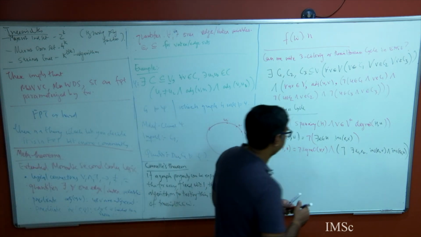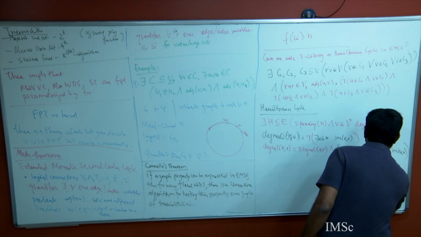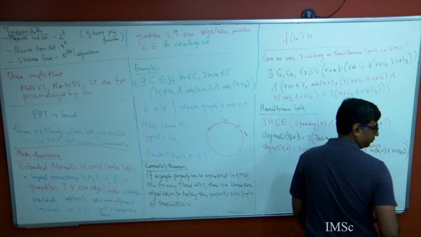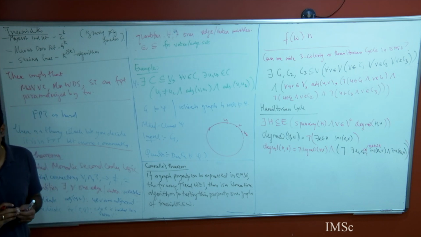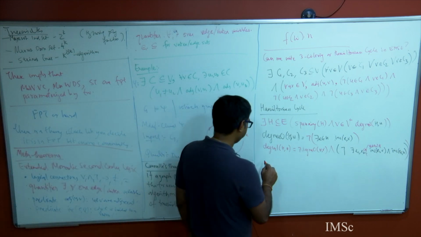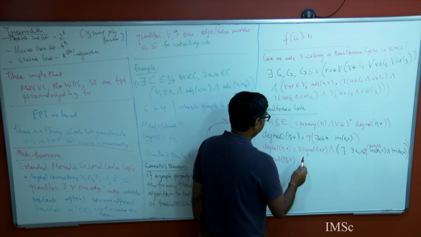Okay, but we have to be a bit more careful. So we should write in H, E1 is not equal to E2, and this is true, and this is true, because if they are the same edge you picked up, then what will happen? Okay, so now you can also write degree 2 of H comma V, right?